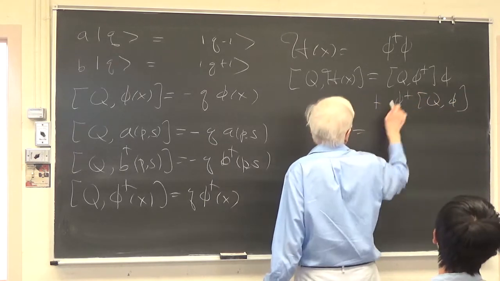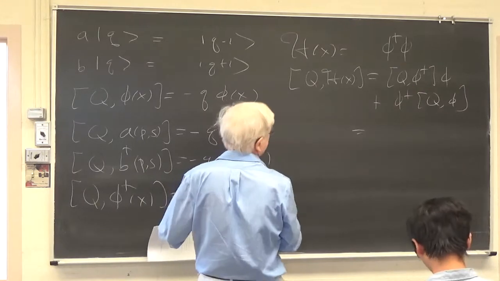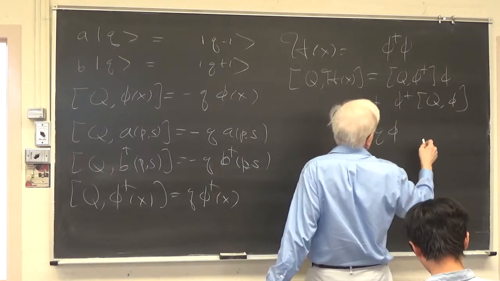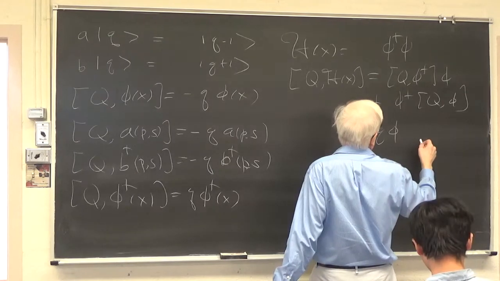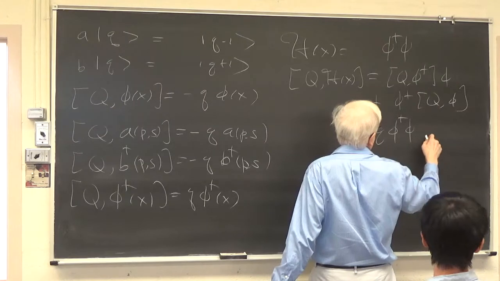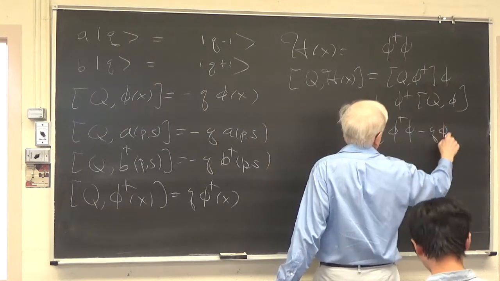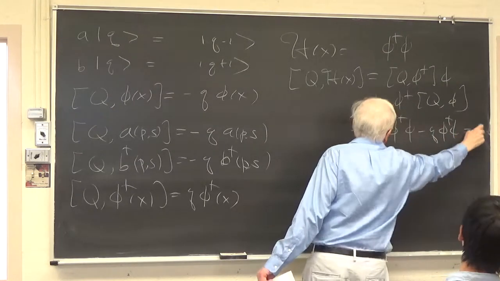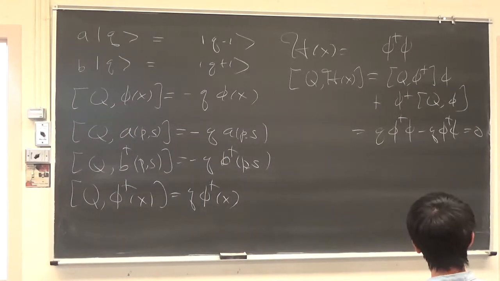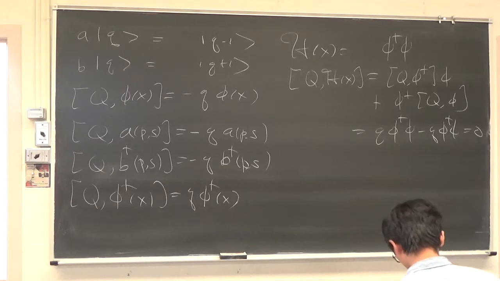The first one gives you Q phi dagger phi, and the second one gives you minus Q phi dagger phi, which altogether is 0. So this means that the Hamiltonian density commutes with the charge, and that's what you want for conservation of charge.